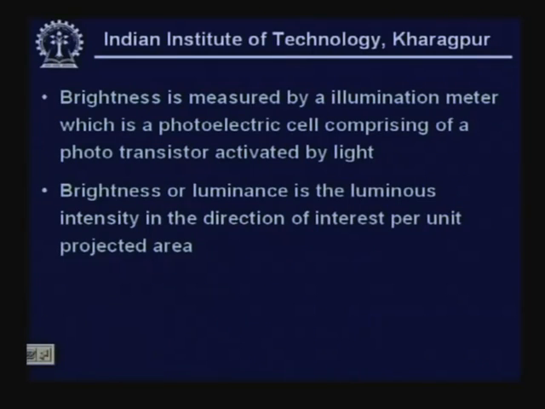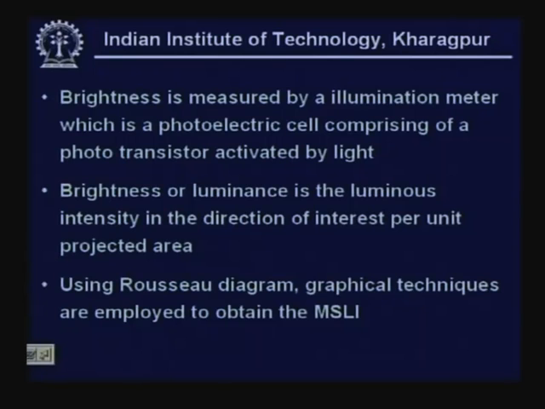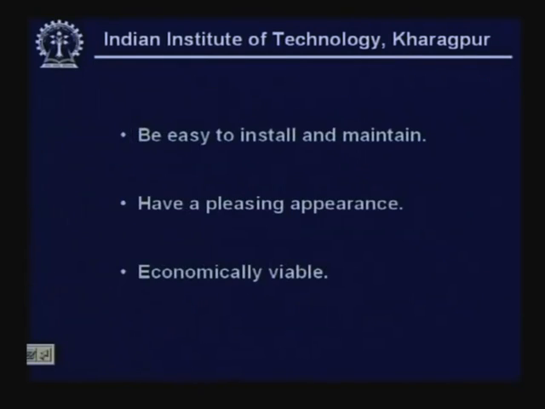Now, brightness or luminance is the luminous intensity in the direction of interest, but for the unit projected area. This is very important, and we have already said we use the Rousseau diagram to get the mean spherical luminous intensity. This becomes very important because unless you have an idea of this, it may not be possible for you to arrive at the number of sources, location of the sources, etc.